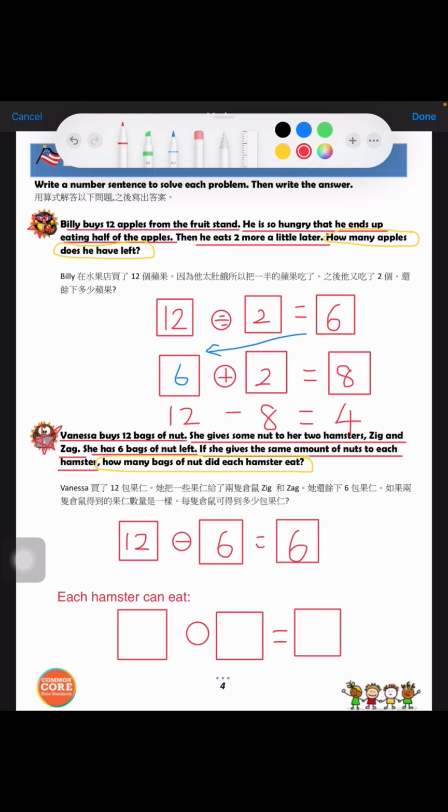So she has given 6 bags of nuts to her 2 hamsters. The question says that the amount of nuts that the 2 hamsters consume is the same. So we can divide 6 by 2, which equals 3. So each hamster gets 3 bags of nuts.